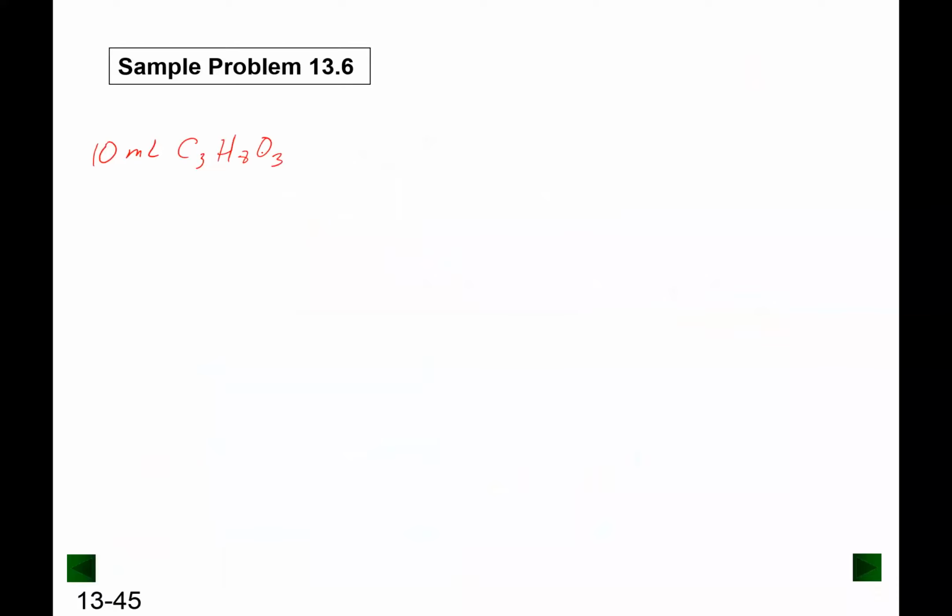We're going to multiply that times our density, 1.26 grams of C3H8O3, and that is per 1 mL of the same substance.